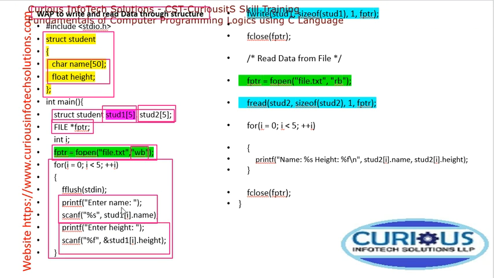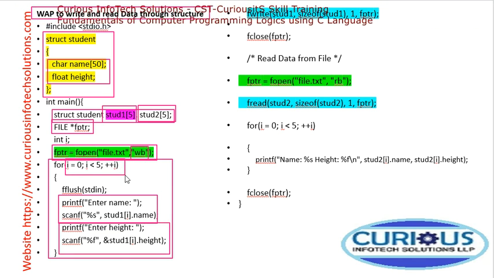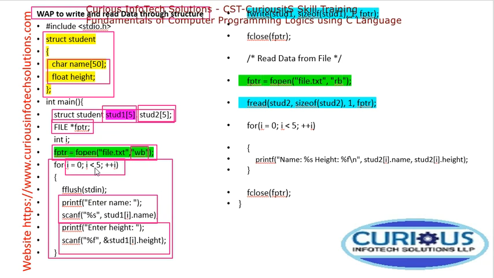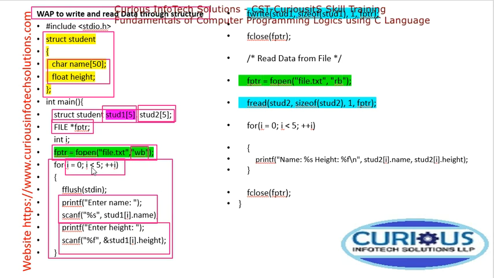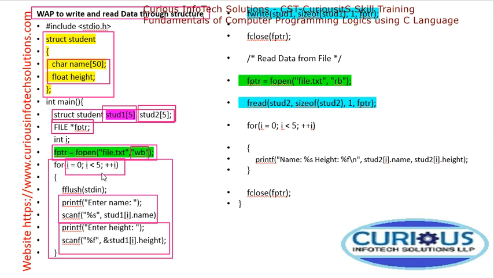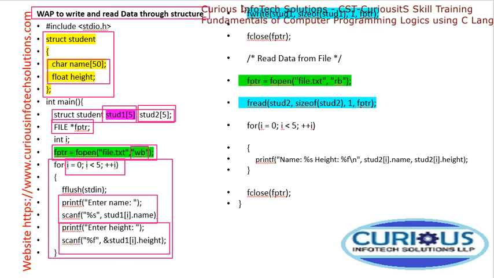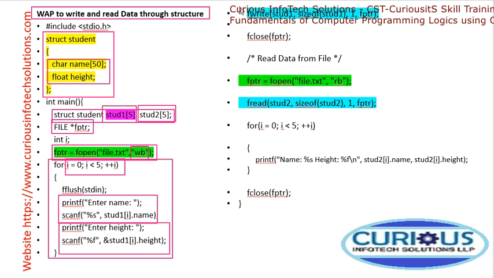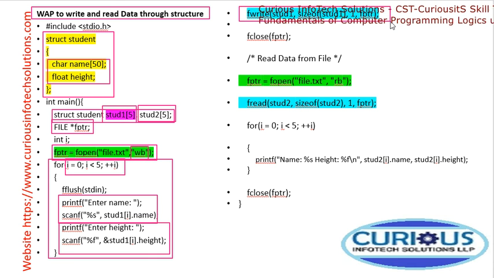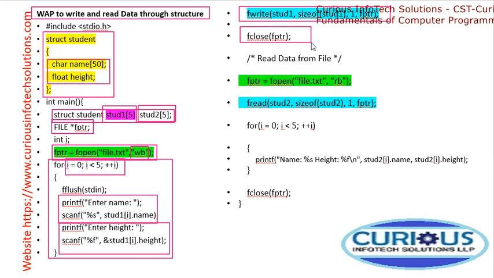By this we are making a total of 5 records, 0 to 4, that is from 0 to less than 5. Now after this we go for the writing concept, and after writing we close the file.